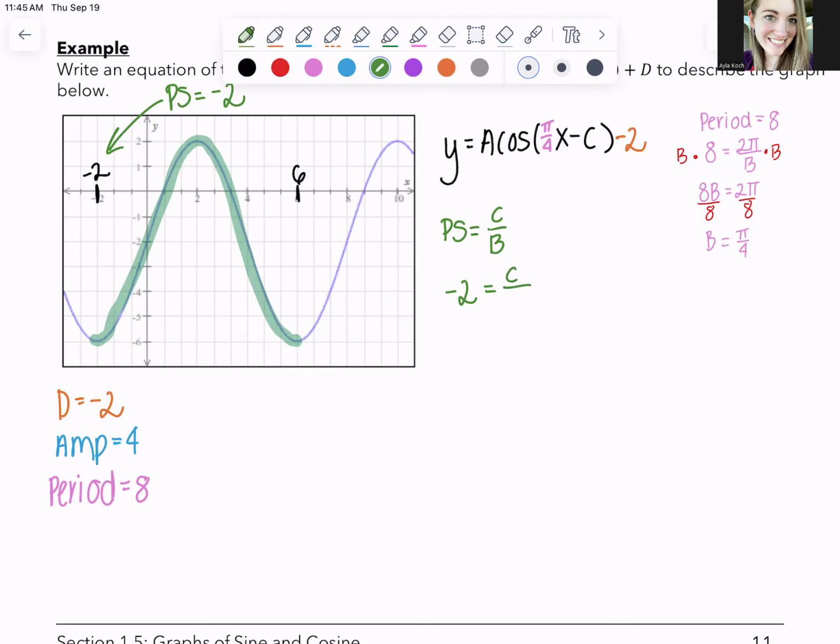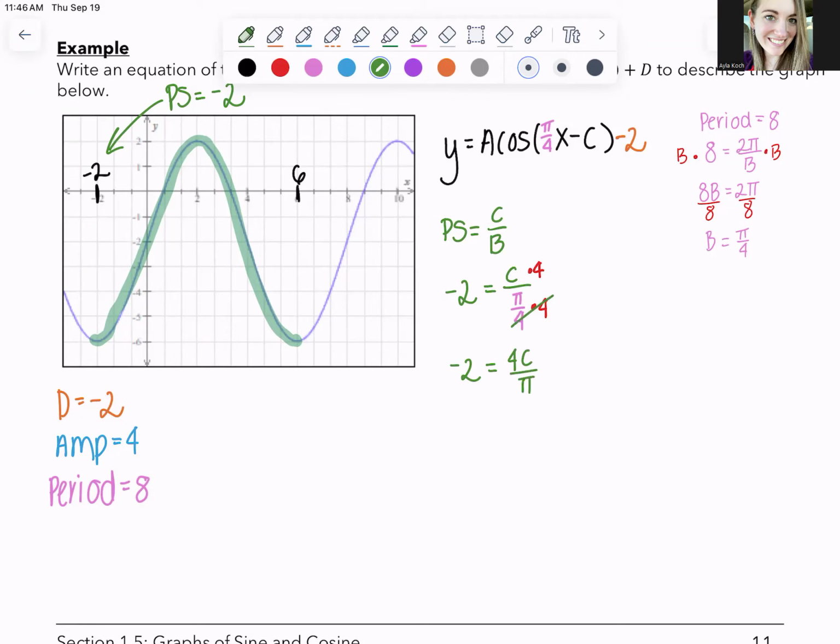All right, now we can finish solving this. C divided by B is pi over 4. I'm going to simplify the fraction first, and then I'll solve for C. So I'm going to multiply by 4 on top and bottom of that fraction. Now I get -2 is equal to 4C divided by pi, because these cancel.